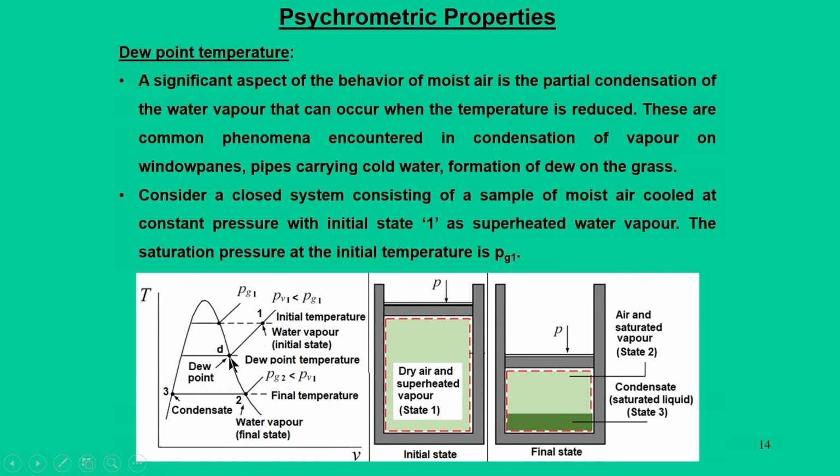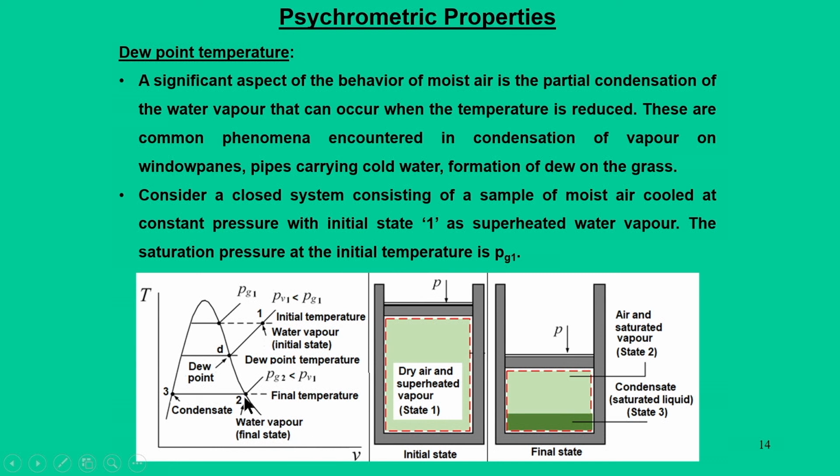So you have to go along the saturation curve. That means at that time your pressure must decrease further. When the pressure decreases, the temperature also drops, but the volume increases.